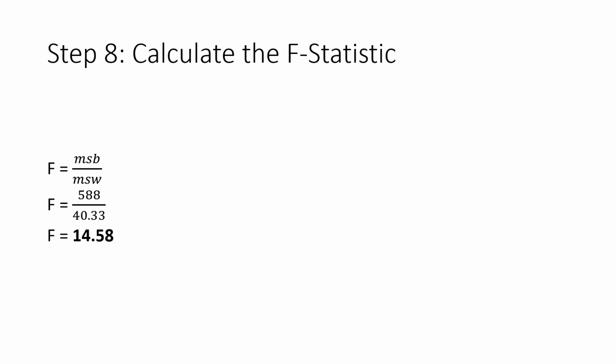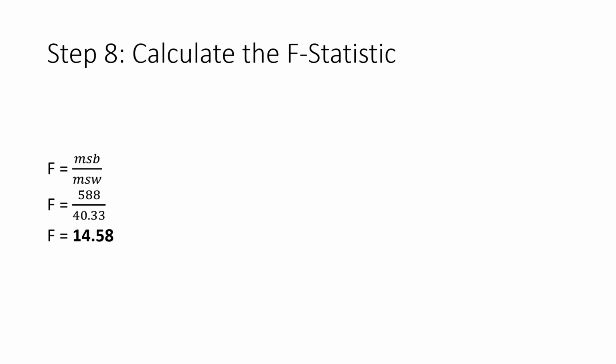So to calculate F, you simply take mean squares between divided by mean squares within. That means to calculate F, you take 588 and divide that by 40.33. This gives you an F statistic, in this particular case, of 14.58.